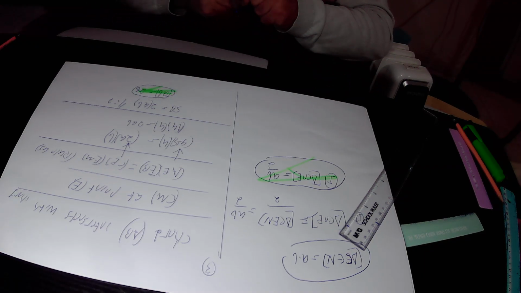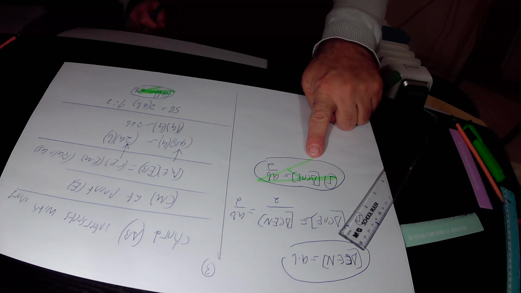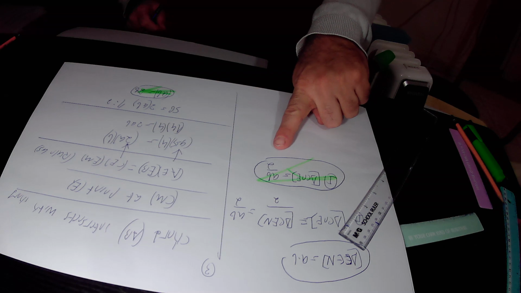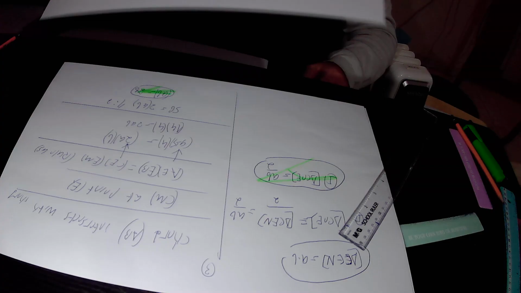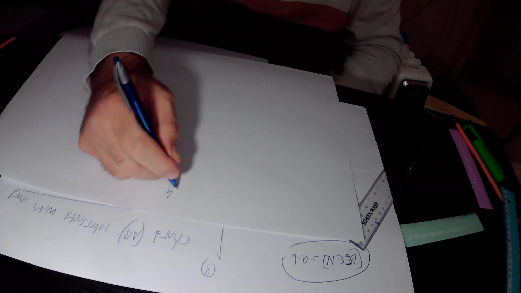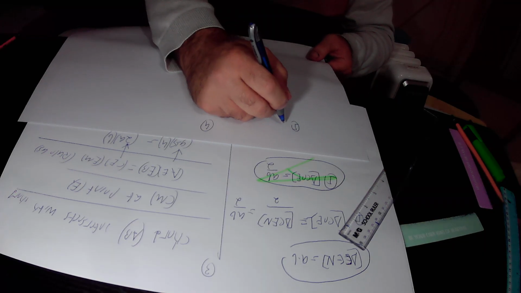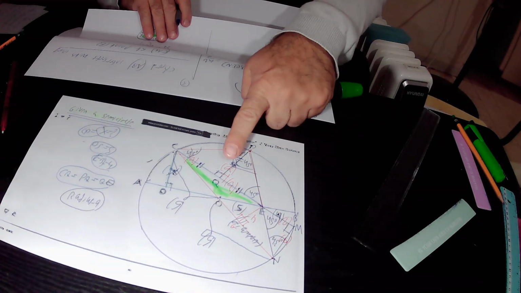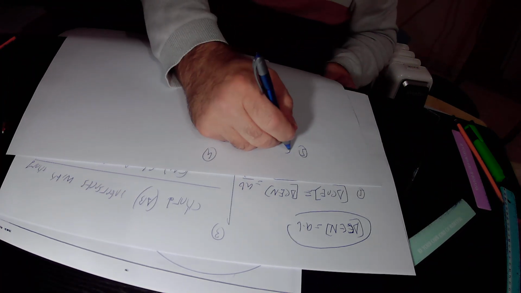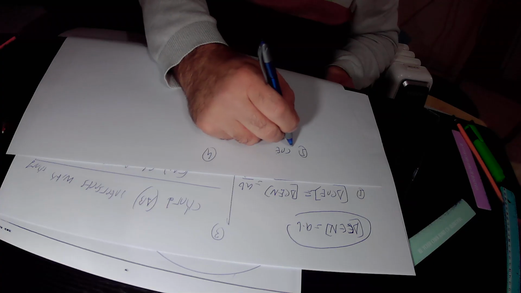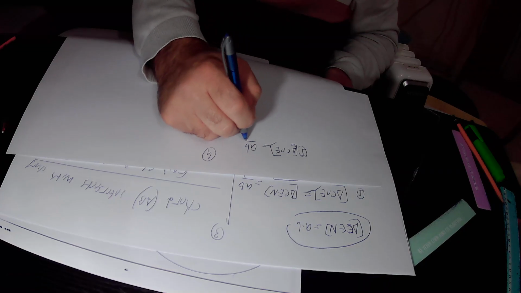AB equals 28, but we already found, according to equation 1, that the area of the green triangle COE is equal to AB over 2. So write it down. We already found out that according to equation 1, the area of the green triangle COE is equal to AB over 2.